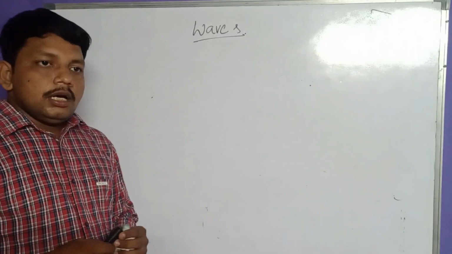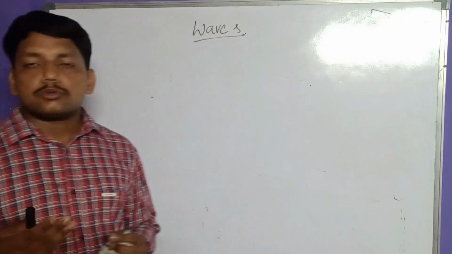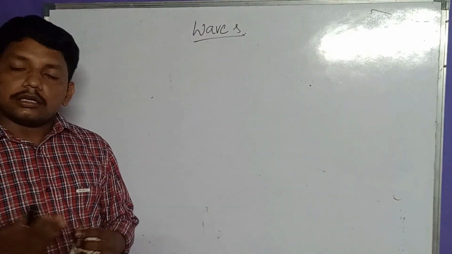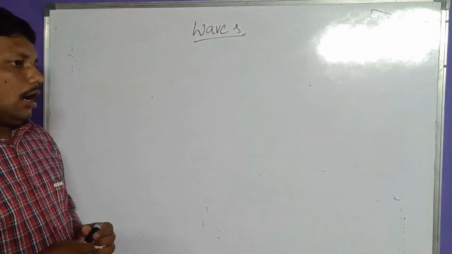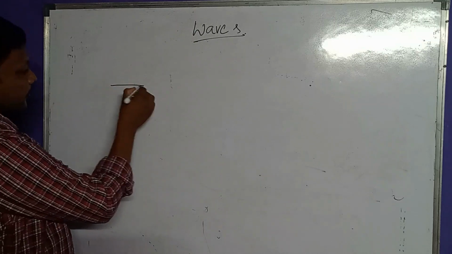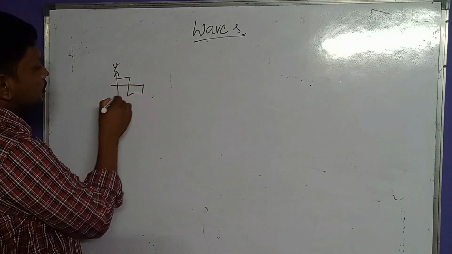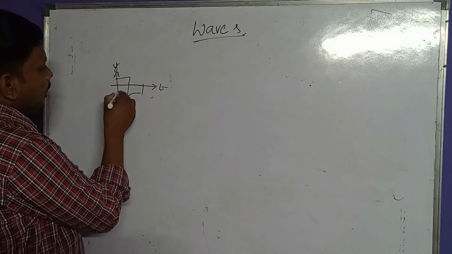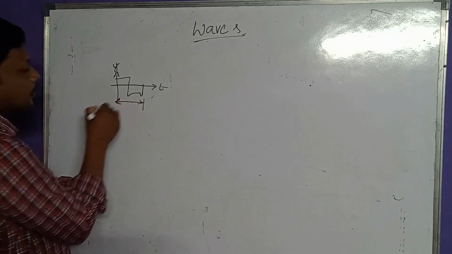For analyzing these waves, we have so many graphs, that means waveforms, available. For example, a rectangular wave. This is amplitude, this is t. The time period is tau.